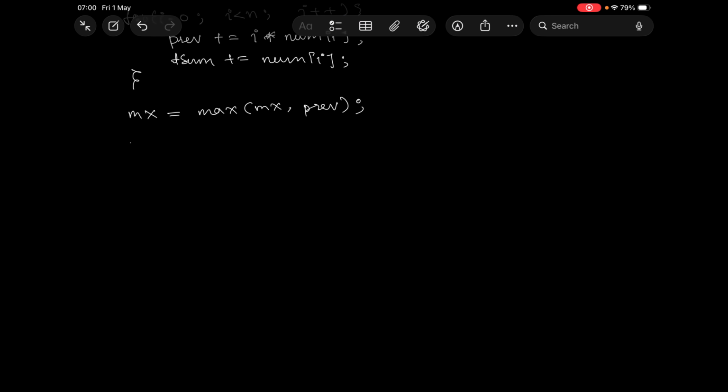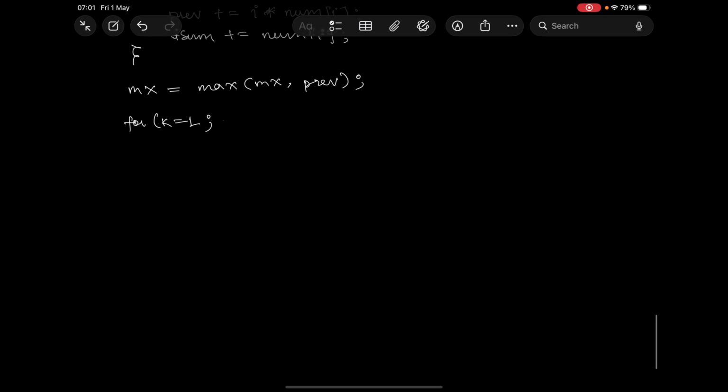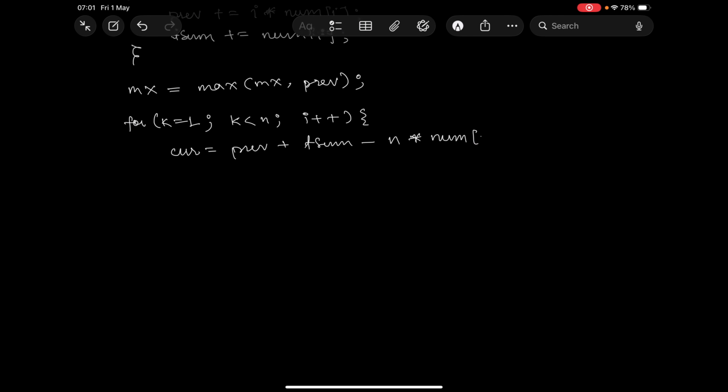So now let's calculate for all the f of k. So k would be from 1, and it will go till n minus 1, and here we will calculate our current value using the previous value and the total sum, basically using the formula that we have generated, minus n into nums of n minus k.